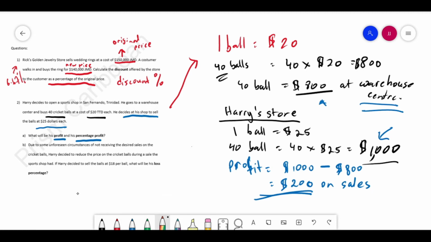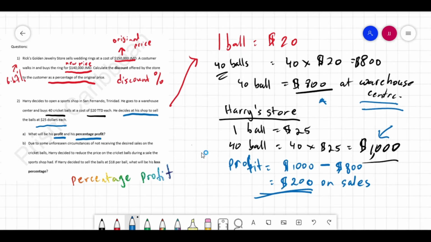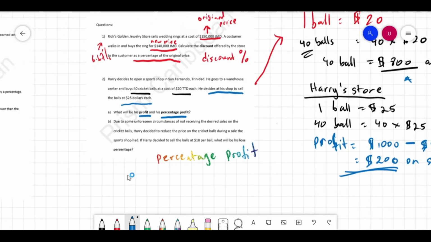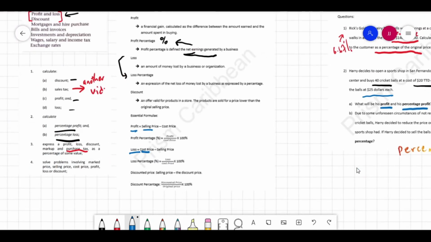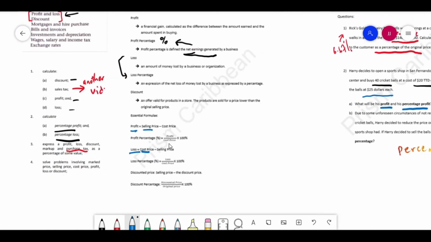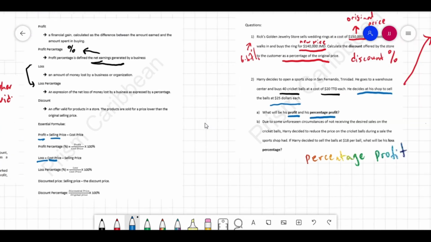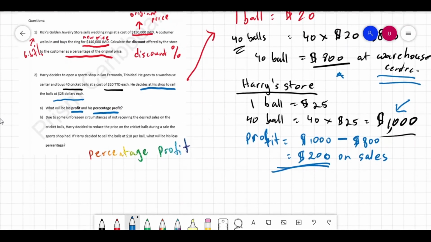So changing the marker now, percentage profit. Right, I like these colors here. So going back to the blue, let's make life easier. We know the percentage profit formula is profit over the cost price, meaning the profit you made over the original price which you got it for, multiplied by 100%, right?